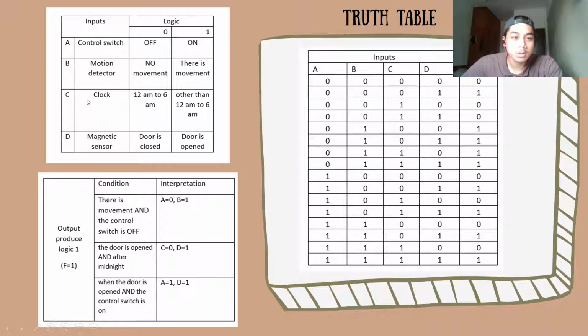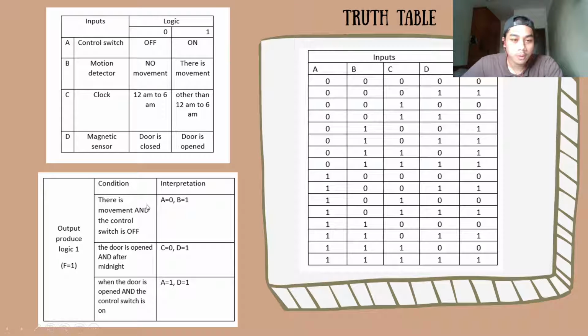The third input is the clock, whereby it will be logic 0 from 12 am to 6 am, and other than 12 am to 6 am, the logic is 1 for the clock input. The fourth input is the magnetic sensor, whereby when the door is closed, the logic is 0, otherwise when the door is open, the logic is 1.